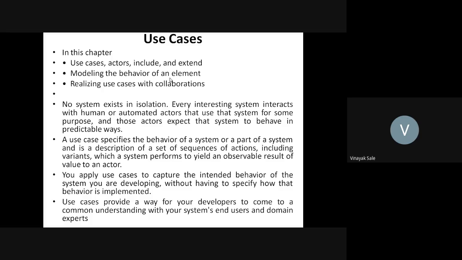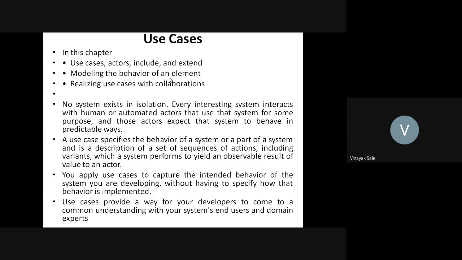A use case specifies the behavior of a system or part of a system and is a description of a set of sequences of actions, including variants, which a system performs to yield an observable result of value to an actor.